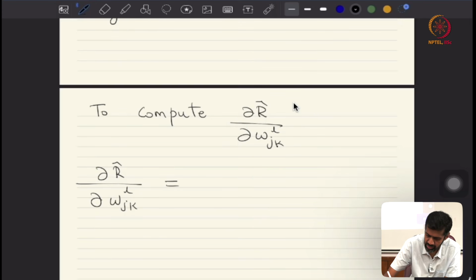Again use the chain rule, the dependence of this is through the activations times del ZJL divided by del WJKL.